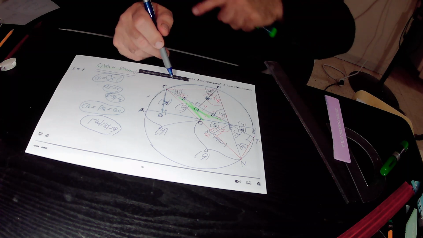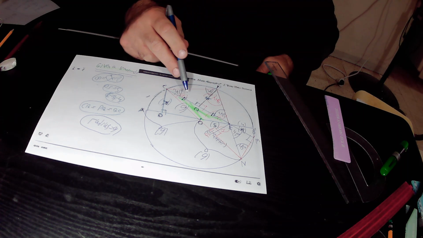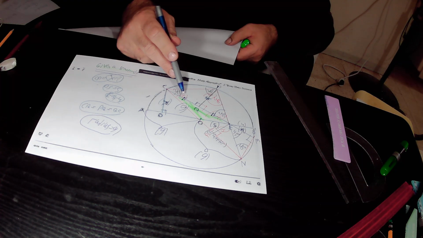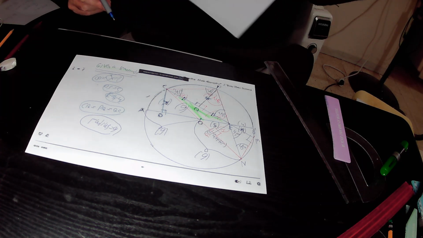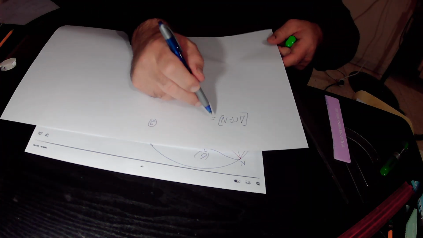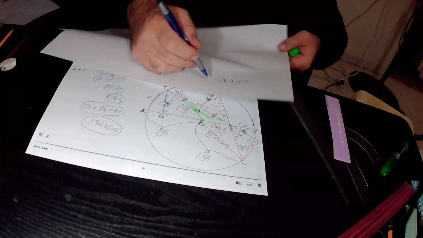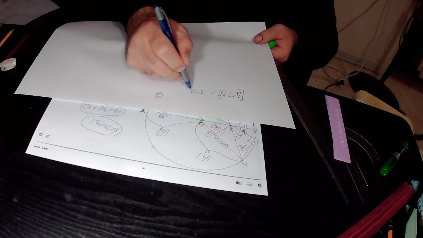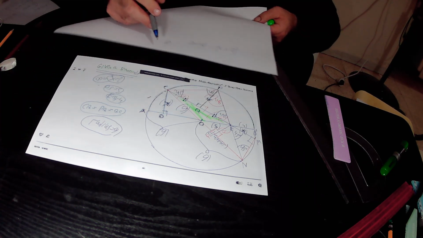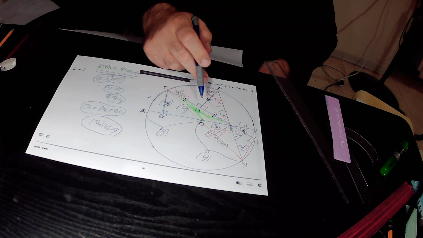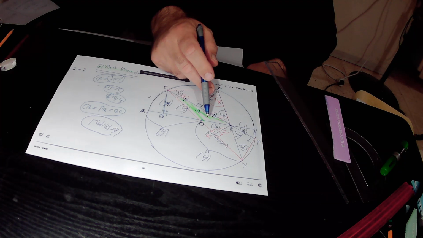And therefore, the area of the big triangle CEN must be equal to the area of the green triangle COE, the first component that it consists of, plus the area of the second component, this lower triangle, triangle OEN.